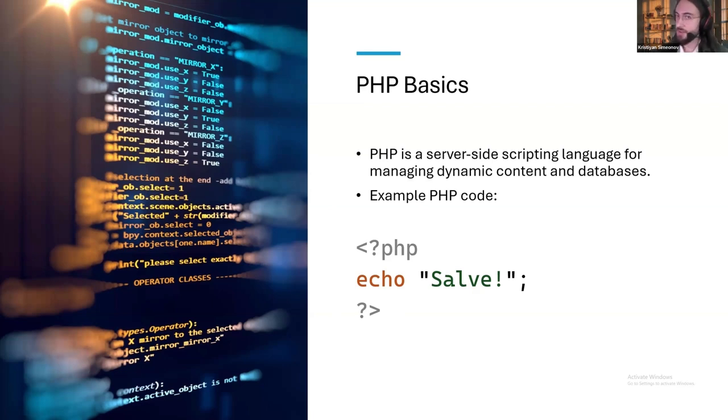And those indicate that the code is written in PHP inside of an HTML document. And echo is the output to the browser. And in this case, it would print salve. So PHP is used for extracting data from your databases stored on a server somewhere remotely and displaying it on your web page, essentially.